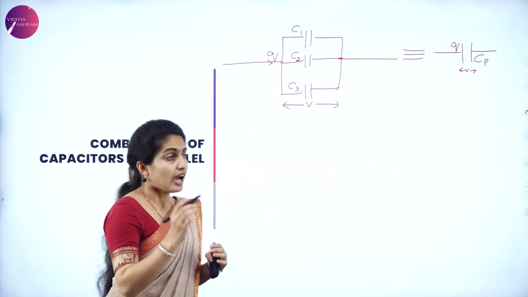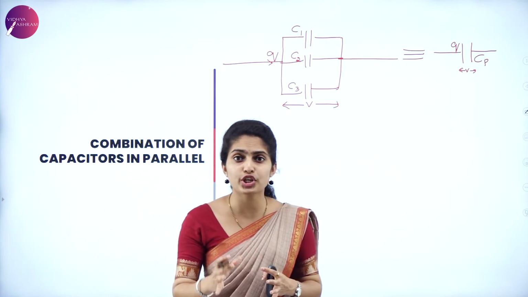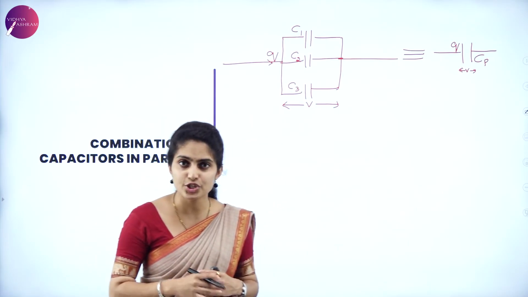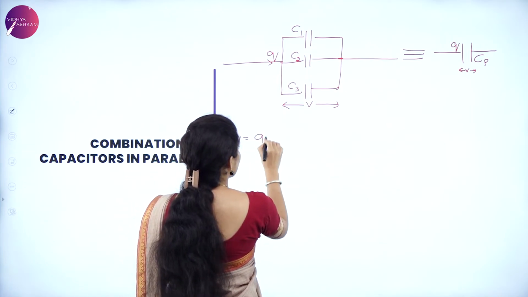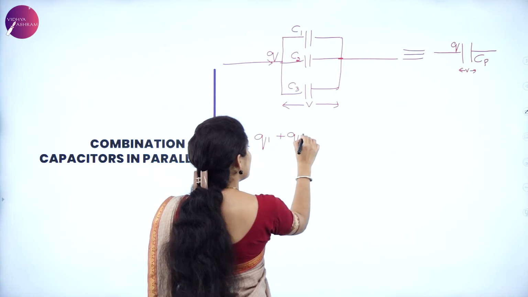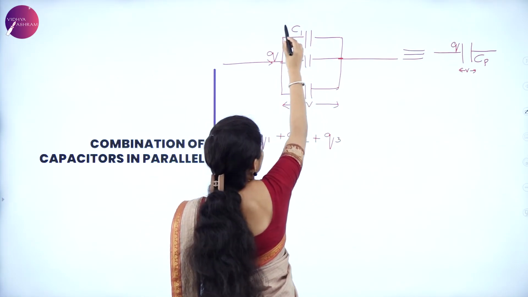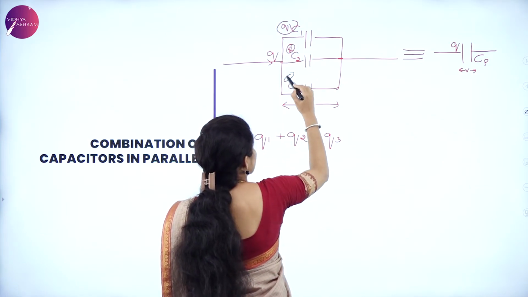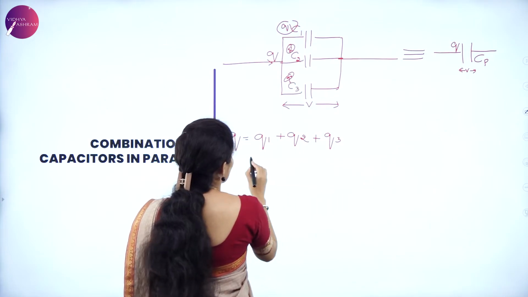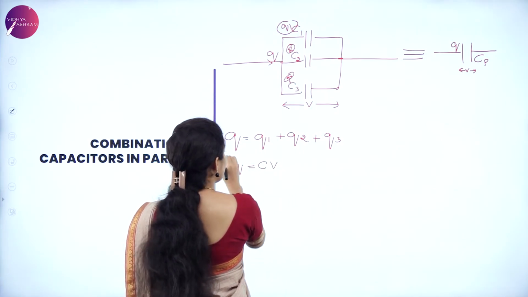So now, having this set of equations, we know that the total charge Q on this combination is Q equal to Q1 plus Q2 plus Q3, because Q1, Q2, Q3 are the flow of charges in these parts.